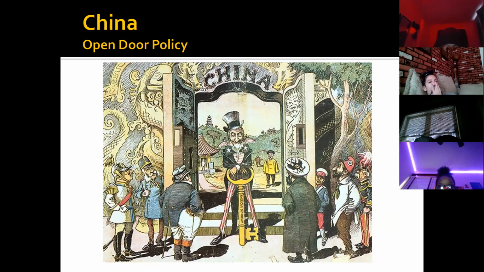And so the United States proposes an open door policy. What the open door policy refers to is that all nations should have equal trading privileges in China. So all countries should have equal access to China.